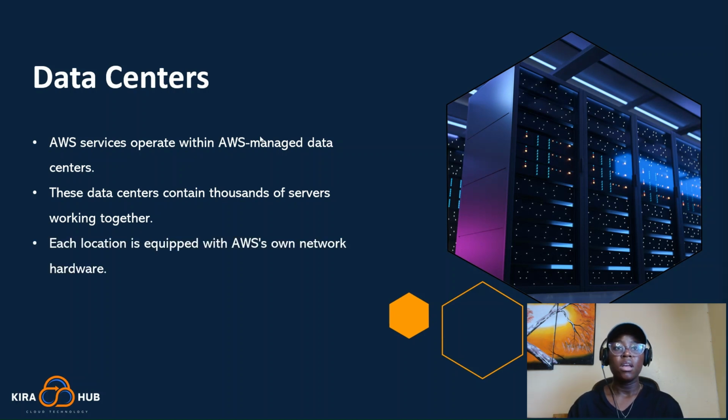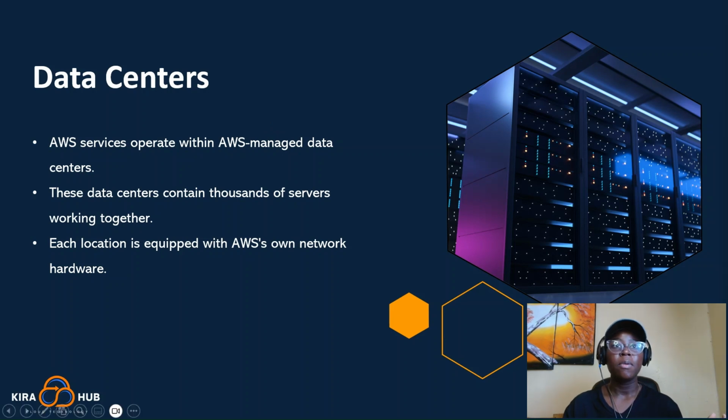Each location is equipped with its own network hardware, and AWS continuously innovates on the design and systems of these data centers to protect them against any man-made or natural risks. So today we will see that AWS has provided data centers at a large and highly global scale.